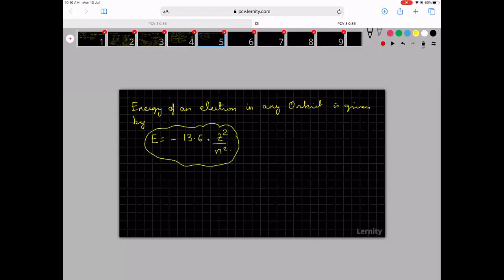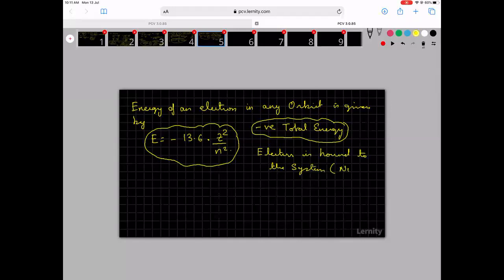Okay, what does this mean? First thing is negative total energy. What does the negative total energy mean? Negative total energy means that the electron is bound to the system. In this case, the nucleus.